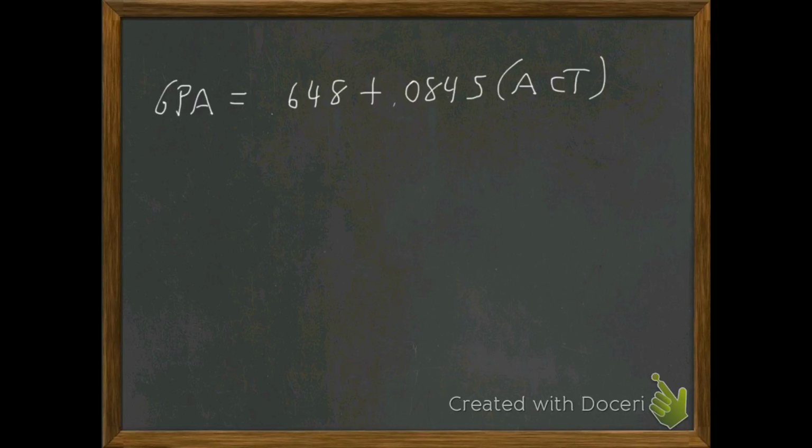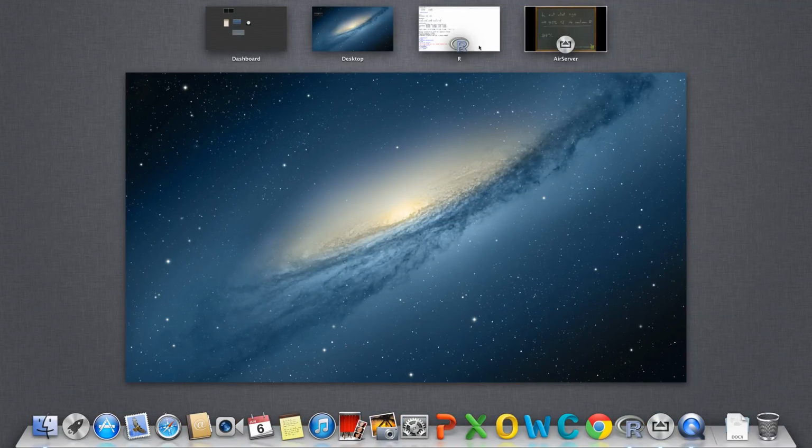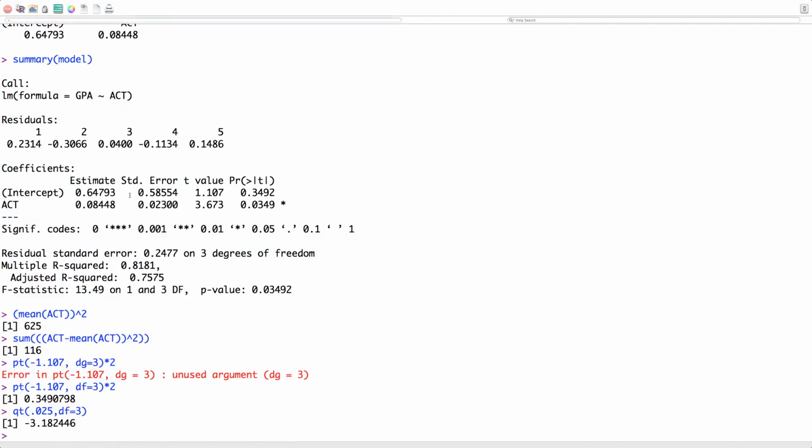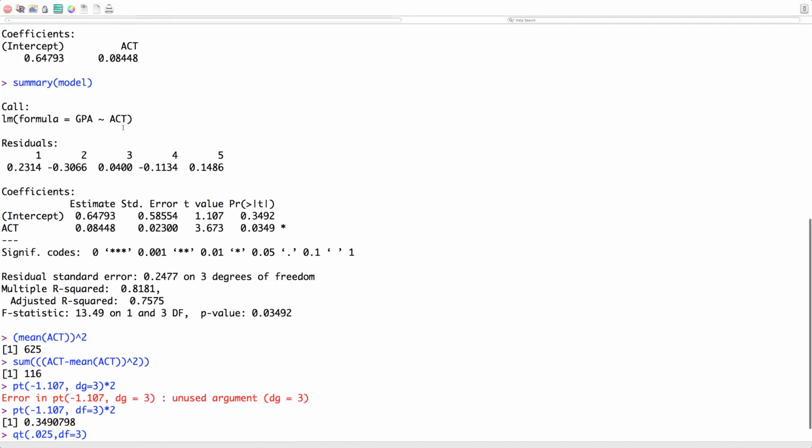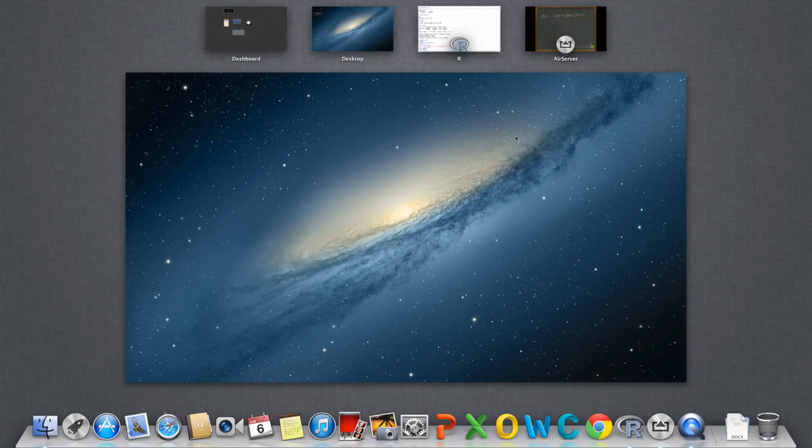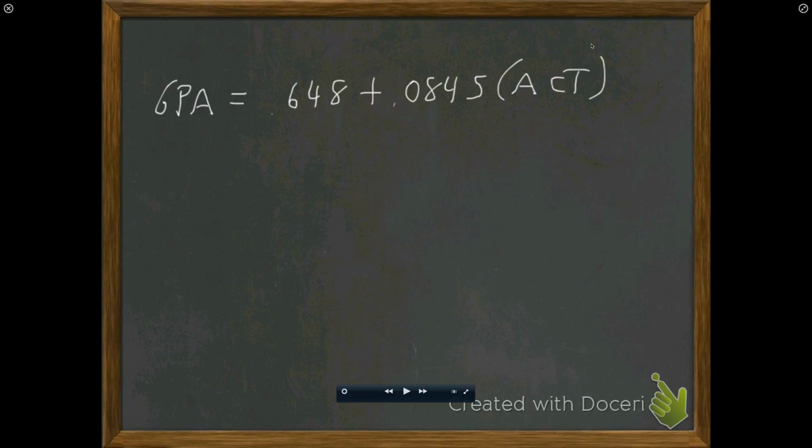Actually, I believe I wrote that down earlier, so this is the one we did, and it seemed reasonable to use it.